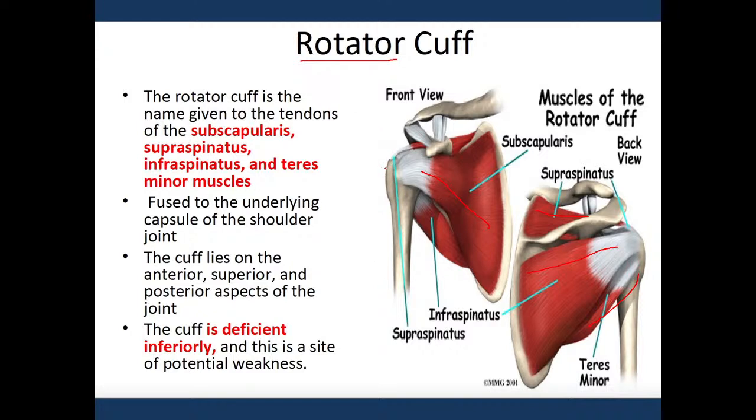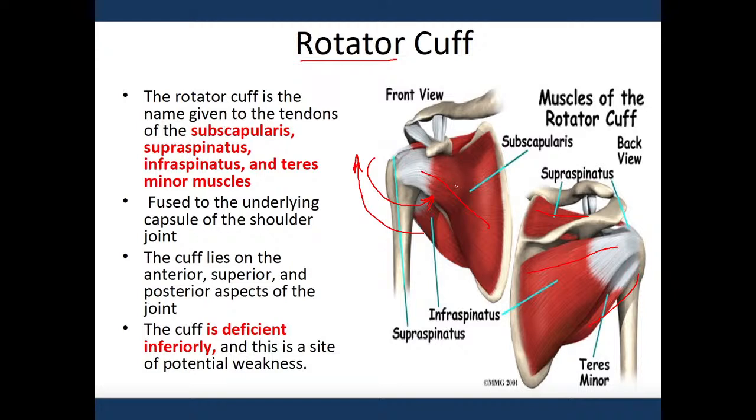Rotation inside, in this direction, we call pronation, but rotation in the opposite direction, or clockwise rotation, especially for the right shoulder, we call supination. These are two kinds of rotation: pronation and supination.